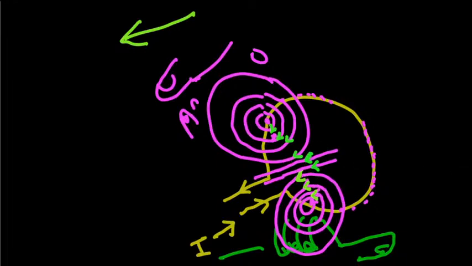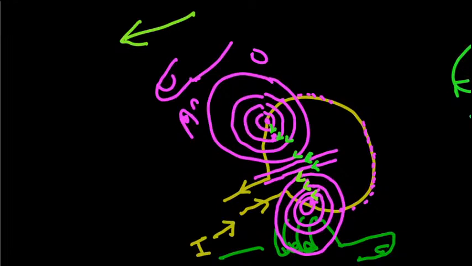Now I take you back to a bar magnet. When we studied the field of a bar magnet, this is north and this is south. What did we see? We saw that the field lines are coming out of the North Pole and they are going into the South Pole.